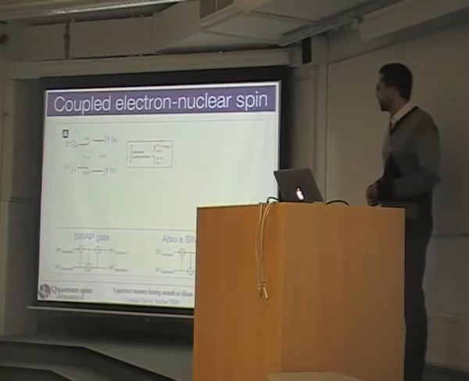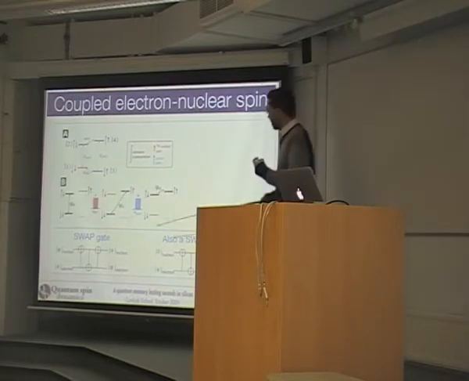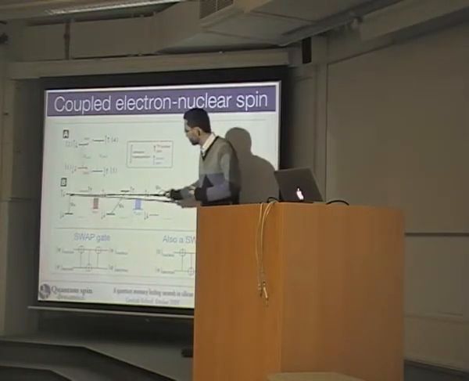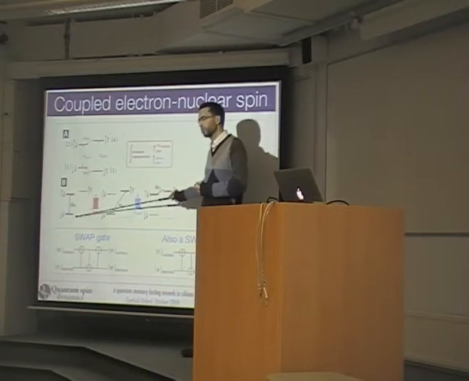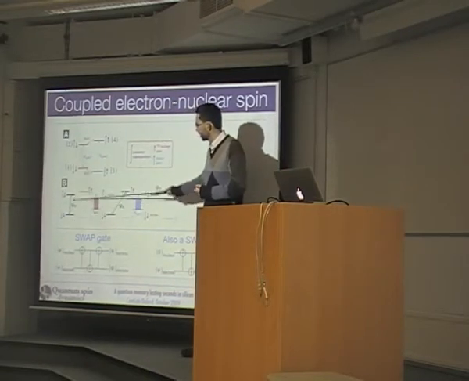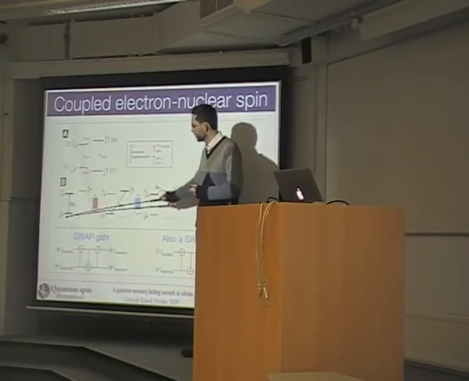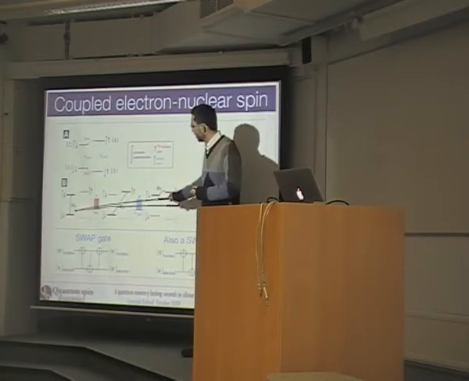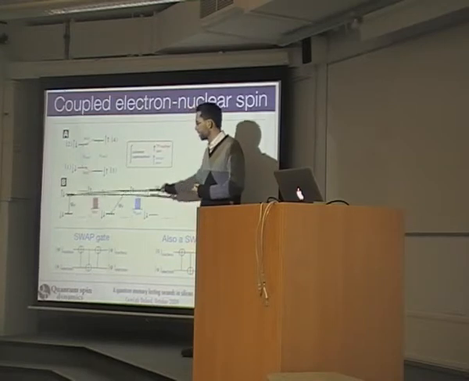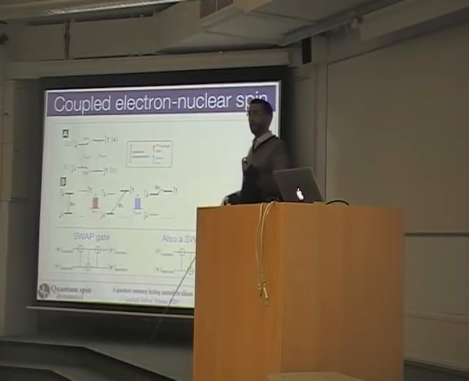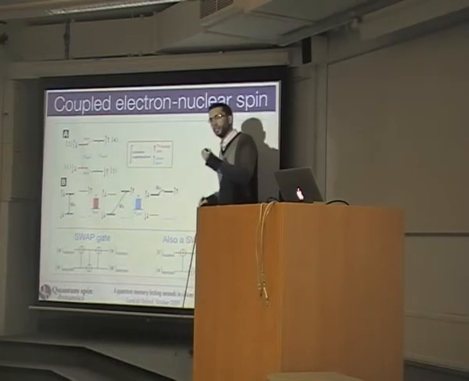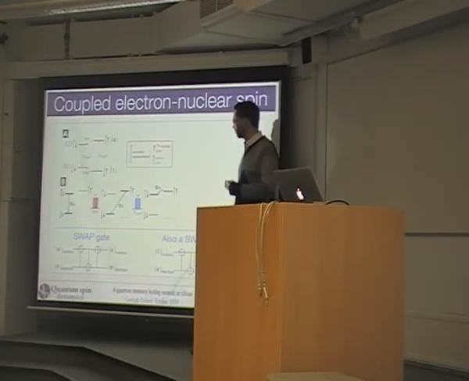But going back to the implementation, let's just say that I have some qubit that's represented between these two states. So it's an electron, a coherent electron state. We've defined the nucleus to be down, and so this qubit represented across this electron spin transition is going to decay with the very fast decoherence times of the electron spin.